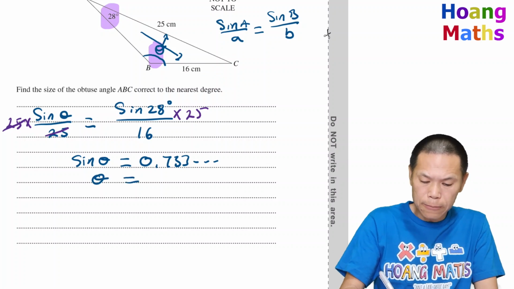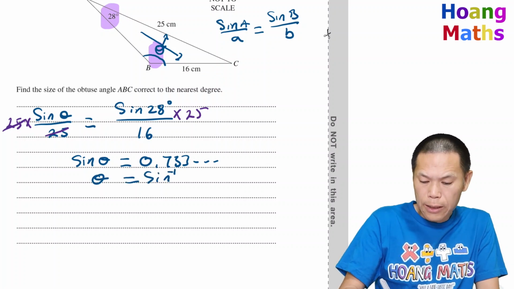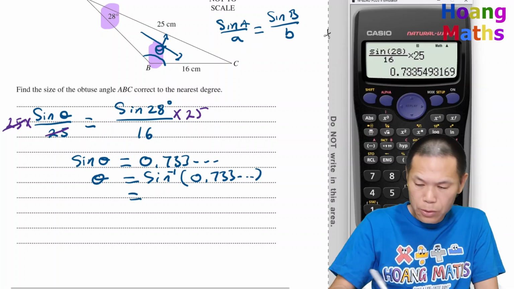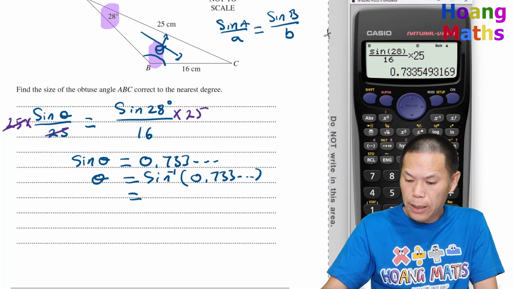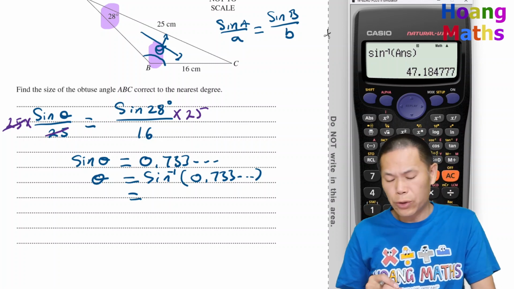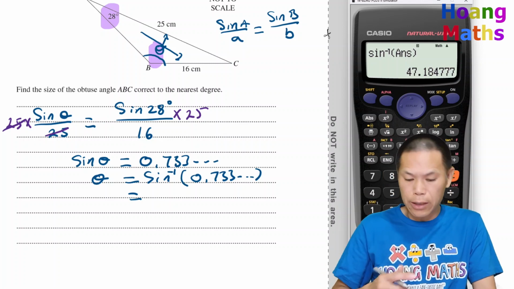Therefore theta is inverse sine of 0.733. Go shift sine answer, and correct to the nearest degree, that's 47 degrees.